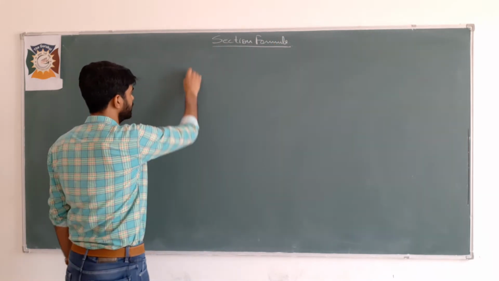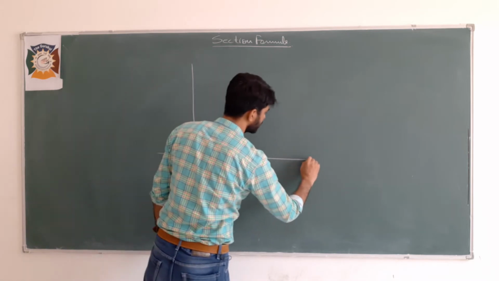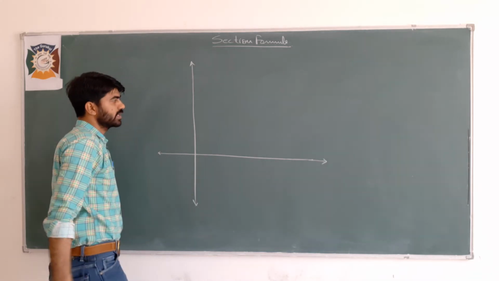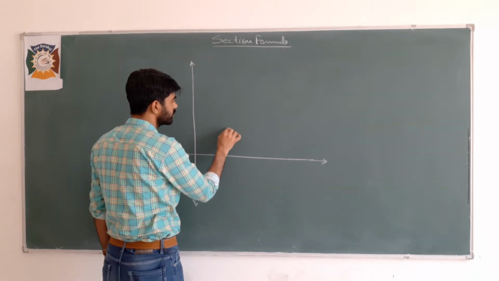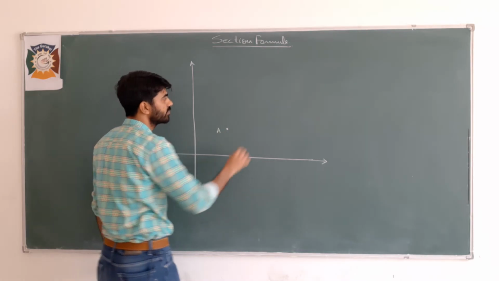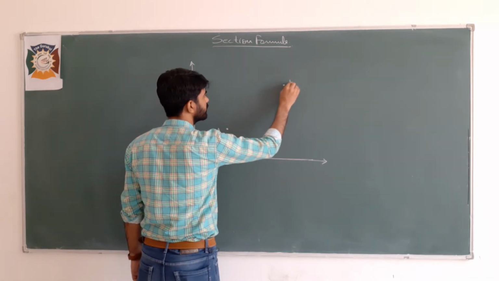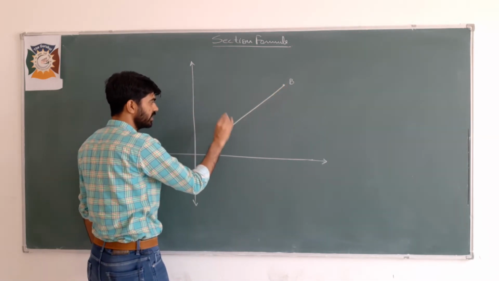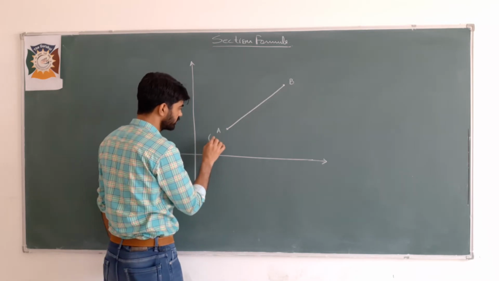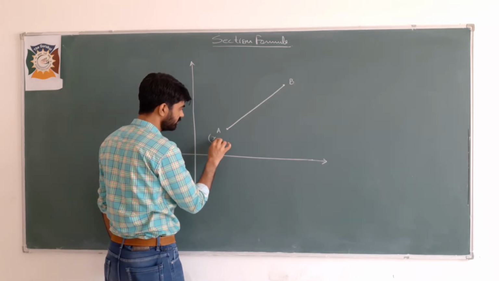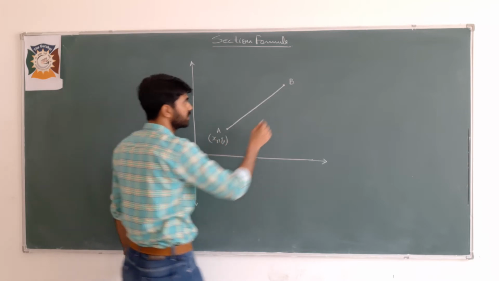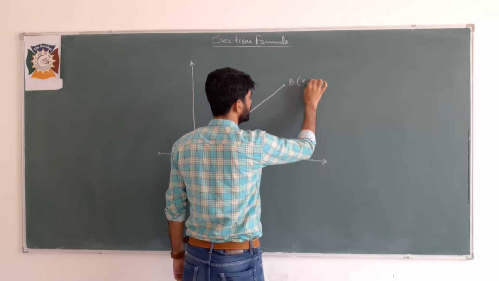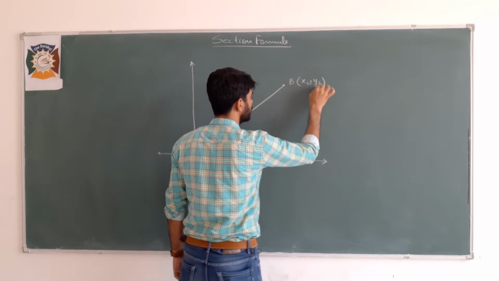Suppose I take 2 points. Suppose this is a Cartesian plane, and I take 2 points: here it is point A and here somewhere it is point B, and the line joining points A and B is AB. Let the coordinates of A be x1, y1 and the coordinates of B be x2, y2.